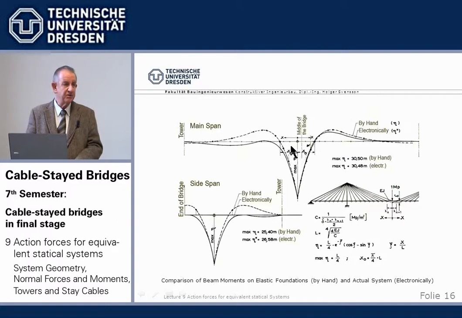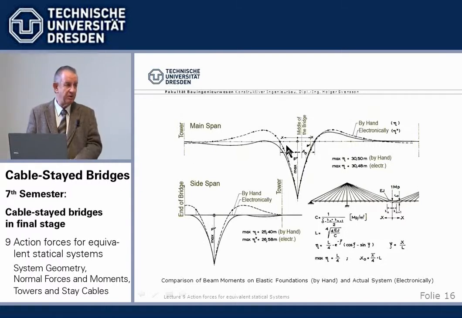It is correct. And just a little word we will come to later. It is okay for the top positive branch. We do not get a good approximation for the negative moments. There the influence lines differ. So we get only the positive, but they are governing anyway.